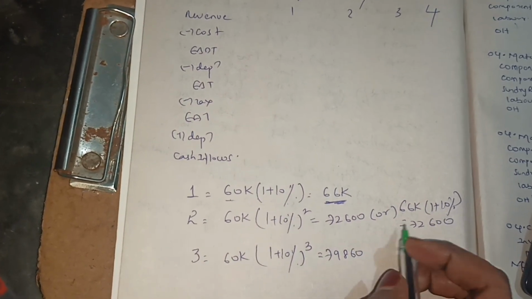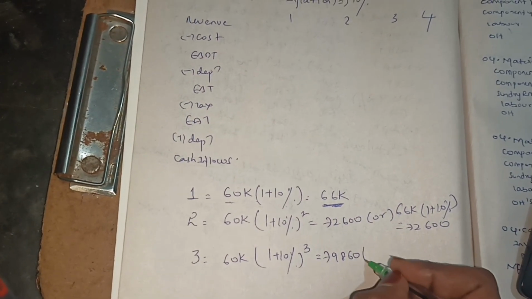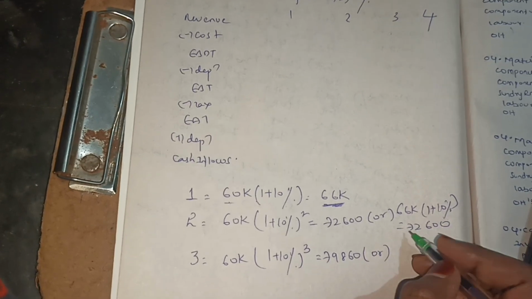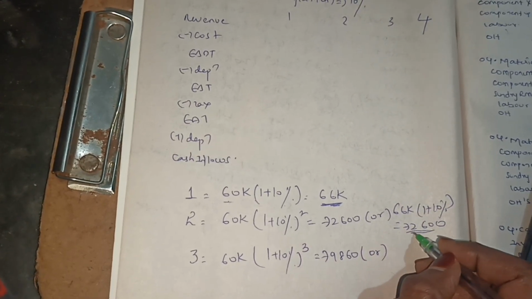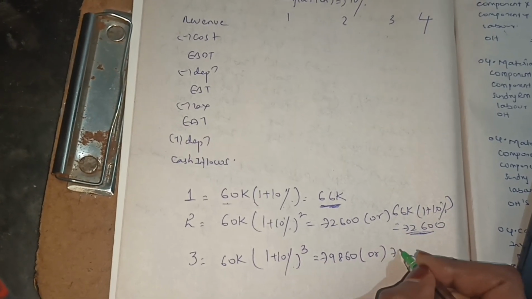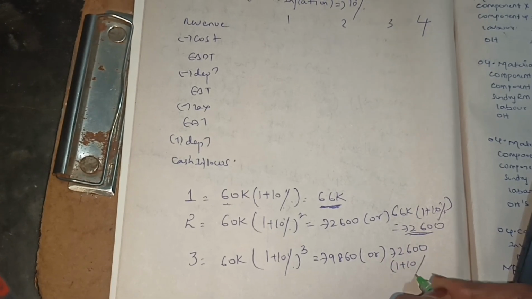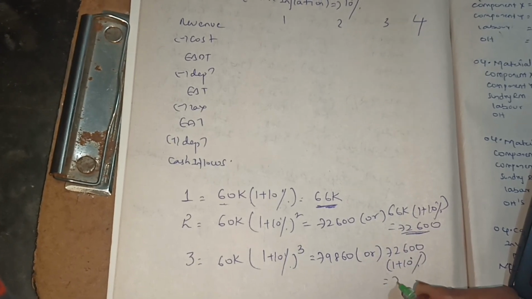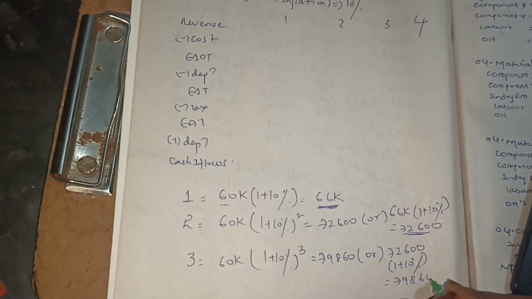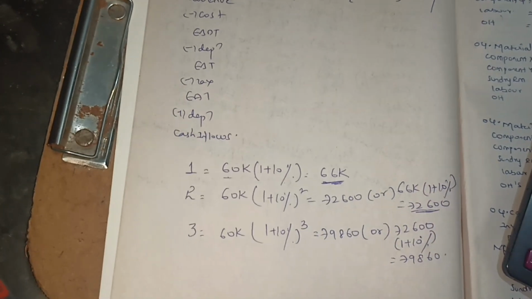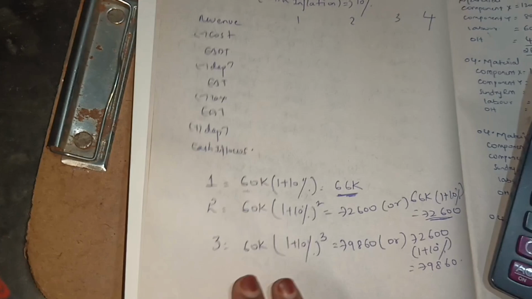There is another way to find third year revenue, that is you can add inflation to second year. 72,600 into 1 plus 10%. You will be getting 79,860.